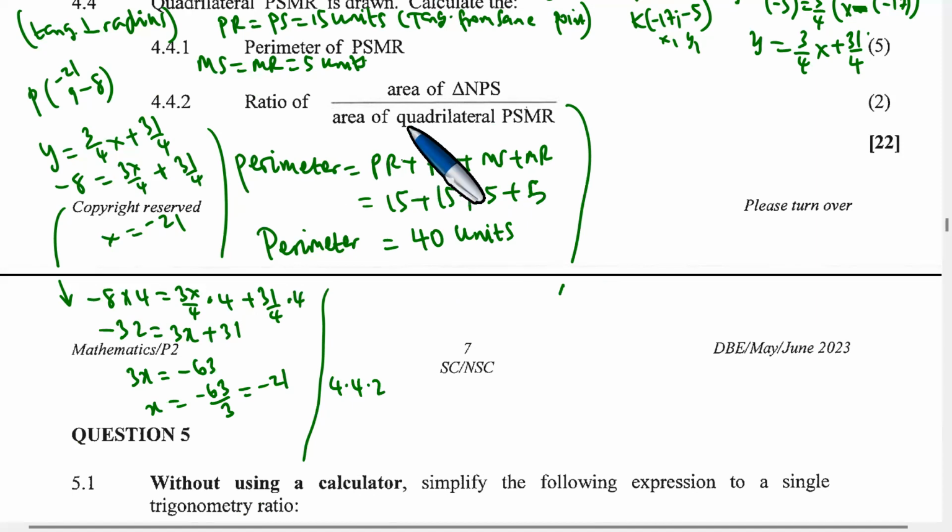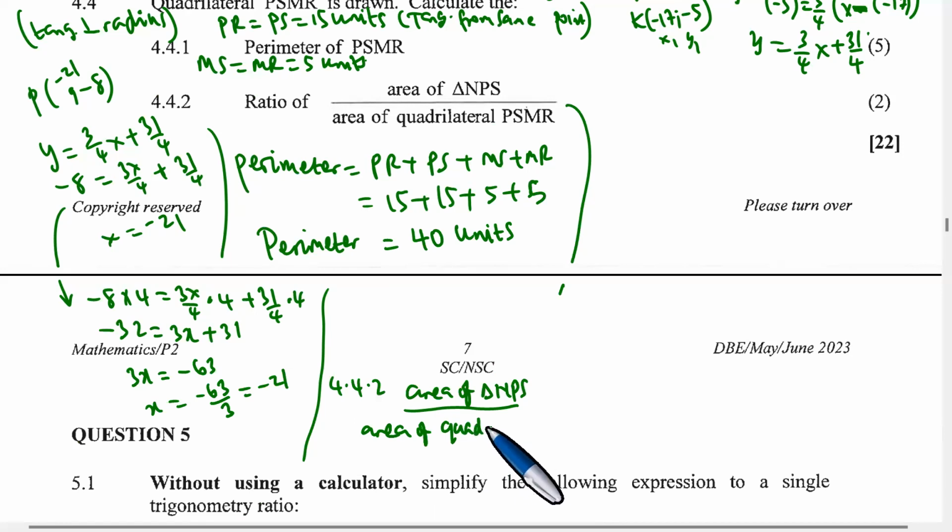How do you find the area here? So we say the area of triangle NPS, divided by the area of quadrilateral PSMR. Okay, I'm copying this question. And then what is the area of triangle NPS?